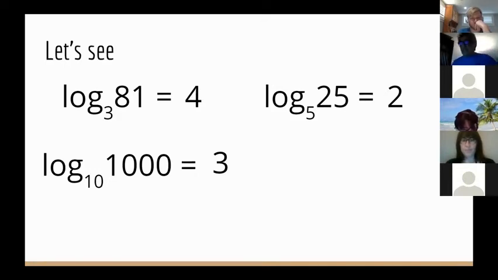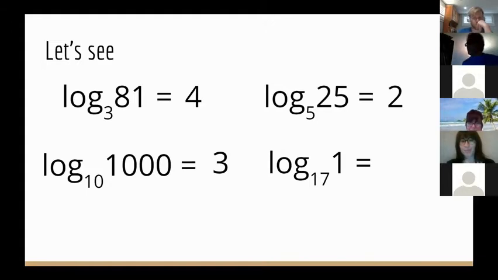10 times 10 times 10. Very good. Okay. This is too easy, so we can only do it for so long. And you know, I don't give you a lot of worksheets and stuff like that. So let's try this one. Logarithm base 17 of 1.